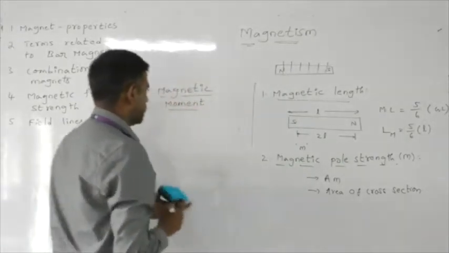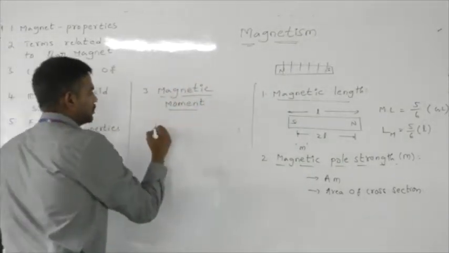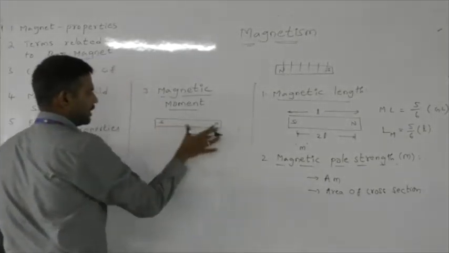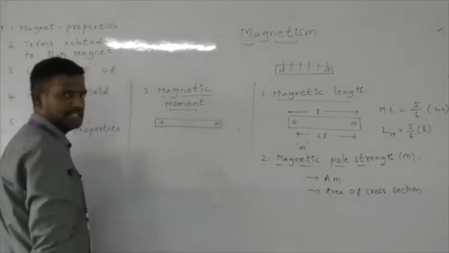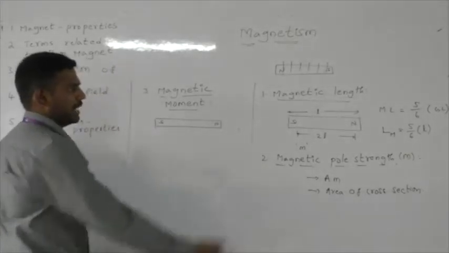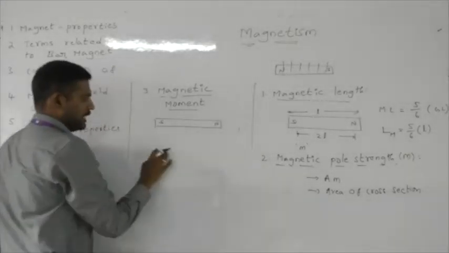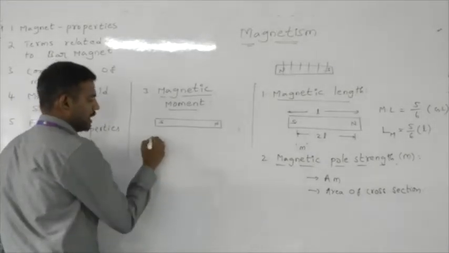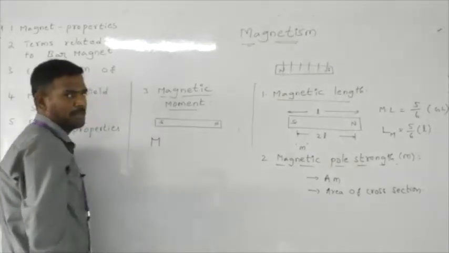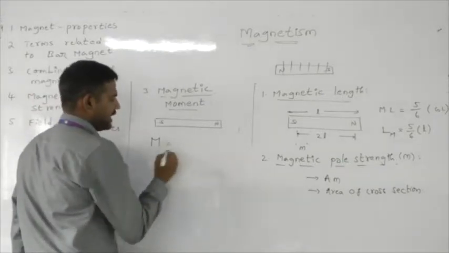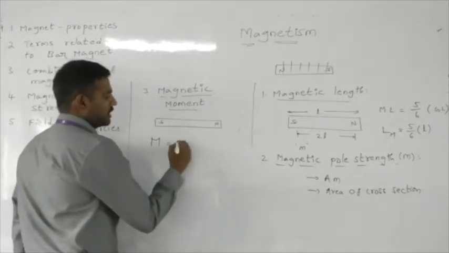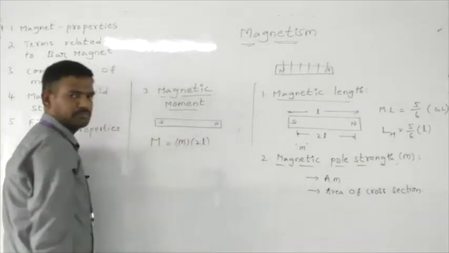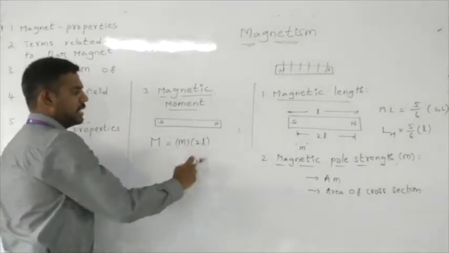So since every bar magnet has a south pole and north pole separated by the distance called magnetic length, they will have a certain magnetic dipole moment, and that is called the magnetic moment, denoted by the capital letter M. It is defined as the product of pole strength and magnetic length.